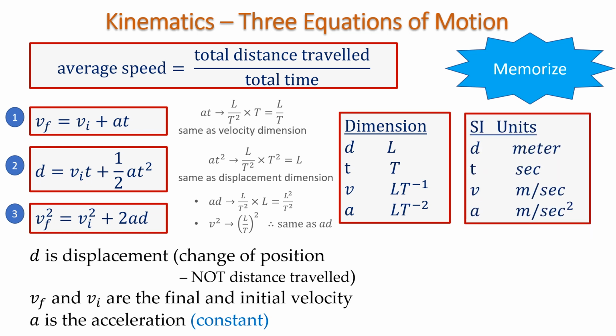Another important aspect to know is the standard system of units. It is also called the SI system. SI is Système International in French, which translates to International System of Units.